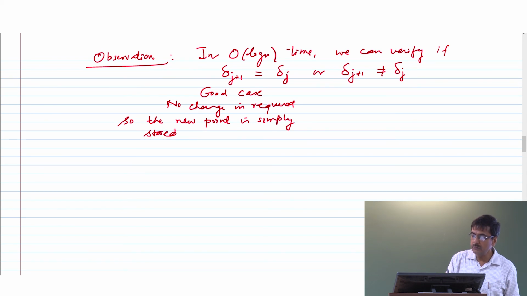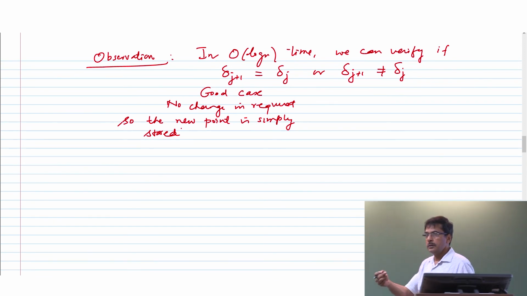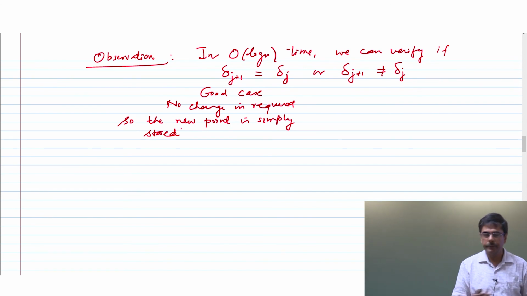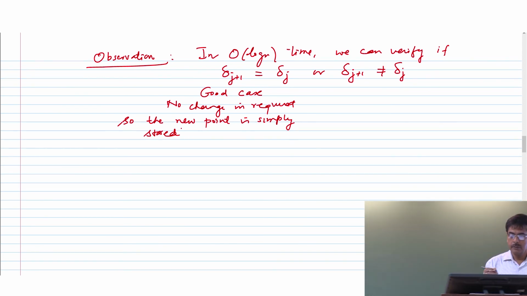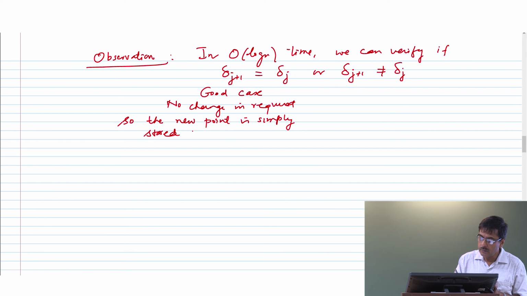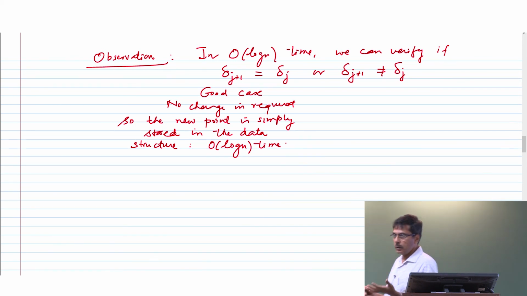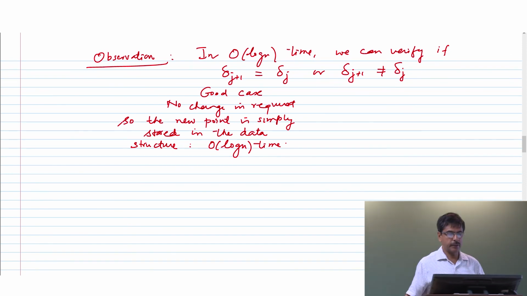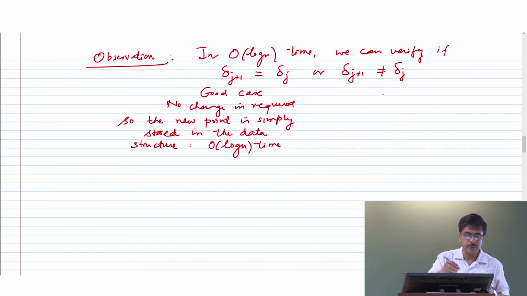Now, stored means that for the dictionary data structure, it takes log n time to store it, to update the data structure. Log n time if you use BSTs, order 1 time if you use hashing.